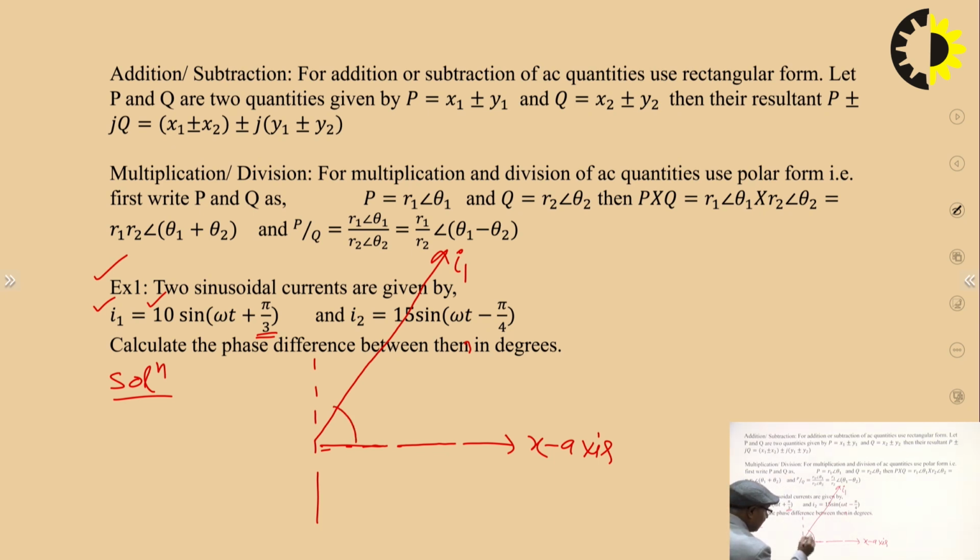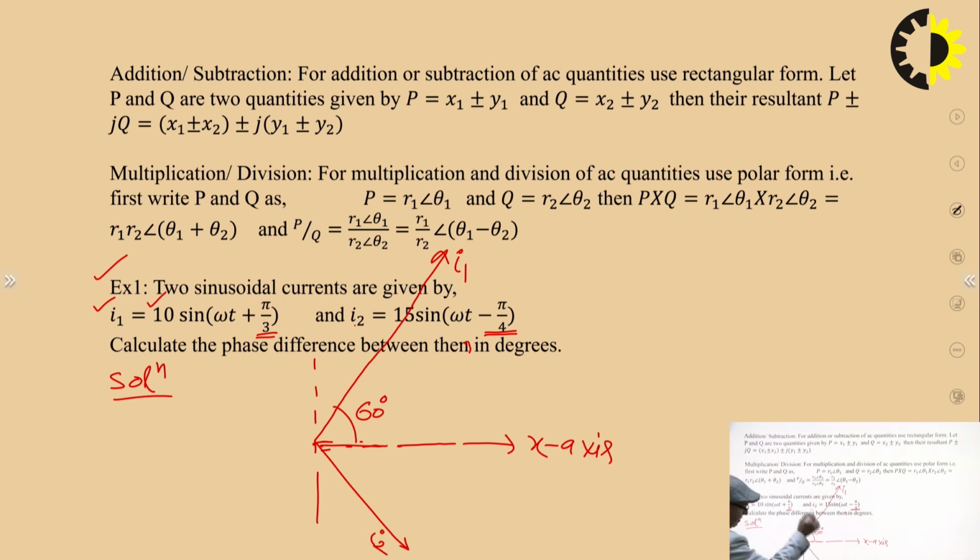This is your pi by 3 or 60 degrees, and the phase angle of the second quantity is minus pi by 4. Minus pi by 4 means minus 45 degrees. So this is the reference x-axis, and minus 45 means the direction of I2 is like this.